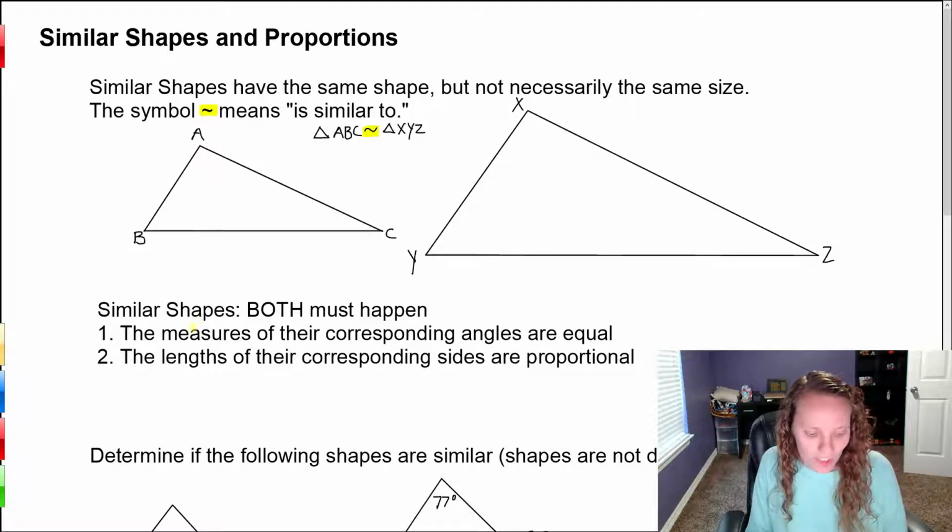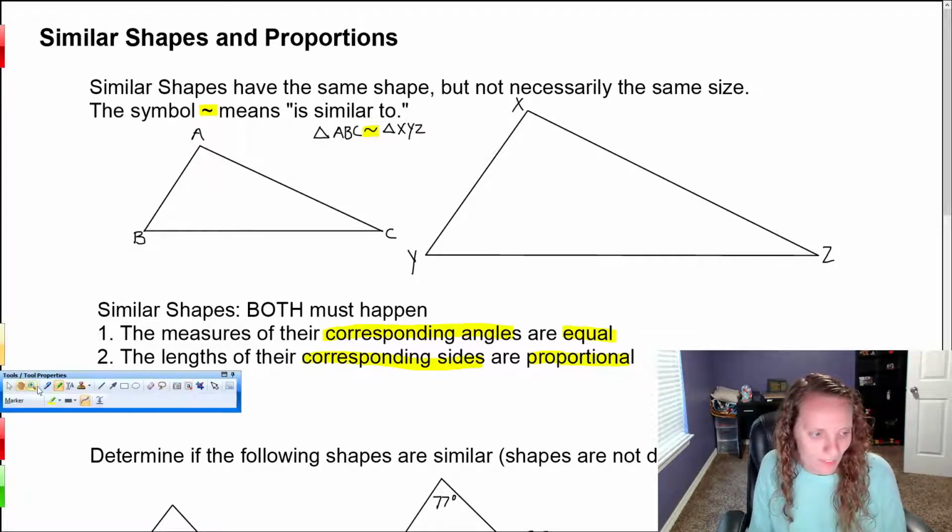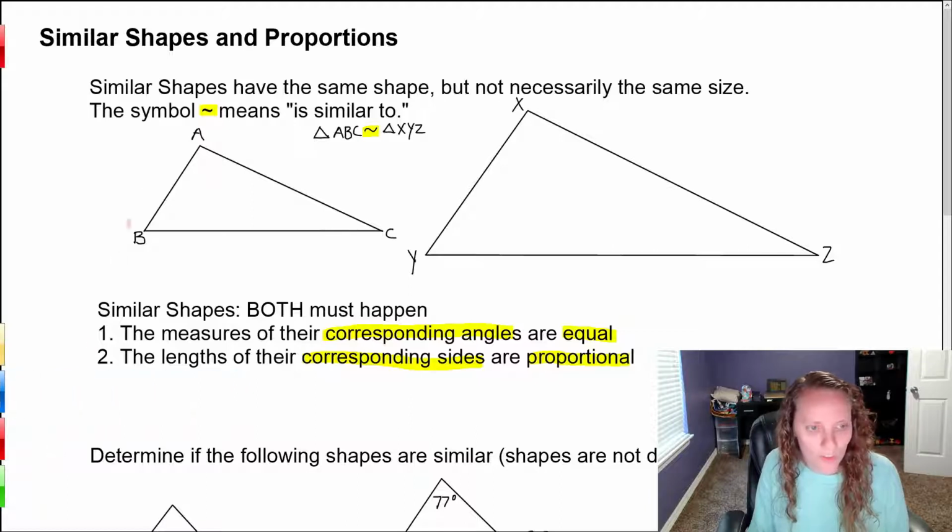Now for shapes to be similar, the measures of their corresponding angles have to be equal, and the lengths of their corresponding sides have to be proportional. For example, let's look at the angles first.